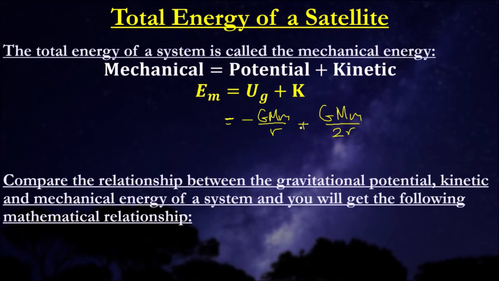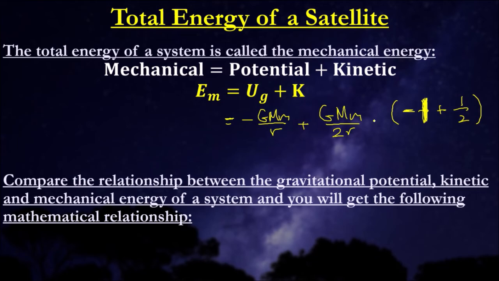Now simply put, if we were to get rid of all these values, because these would be constants when we're doing our addition and calculation, the equation looks more like this: negative 1, so to speak, because the r would be constant, plus 1 over 2, a half.